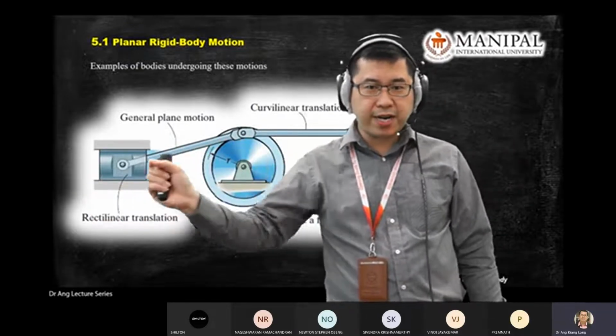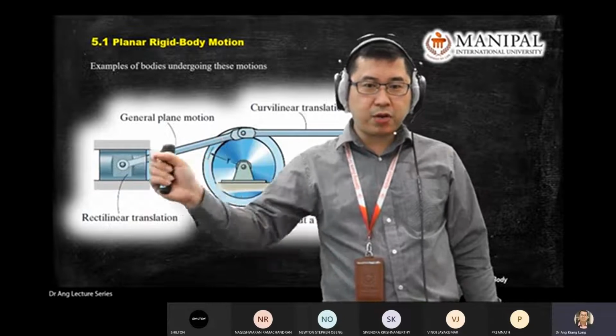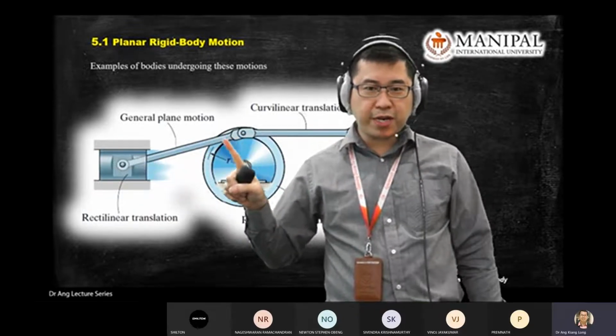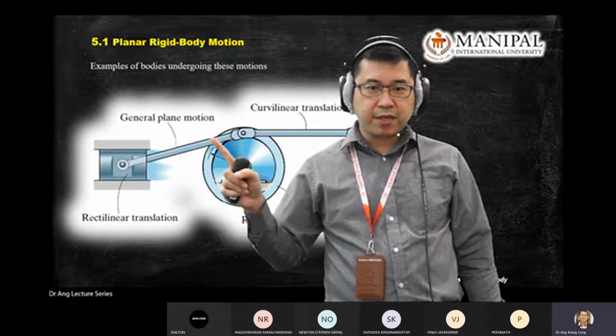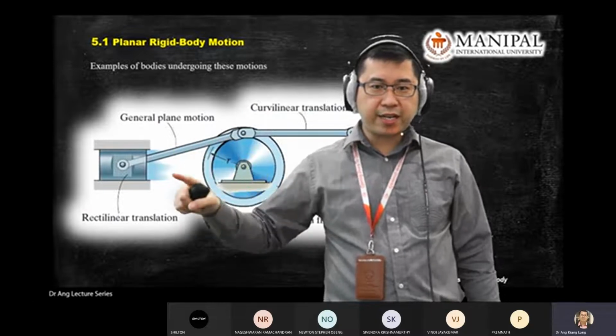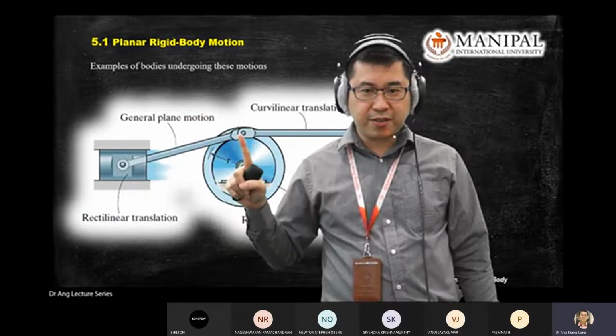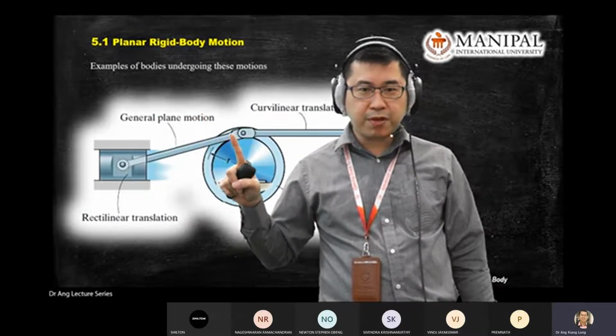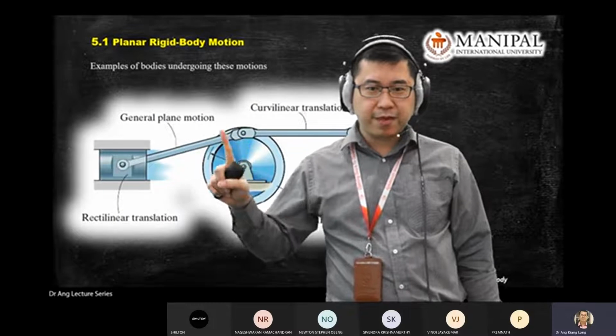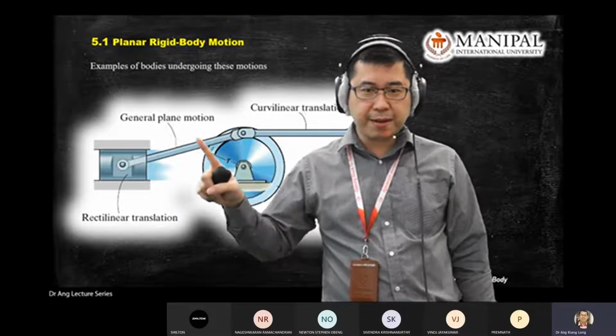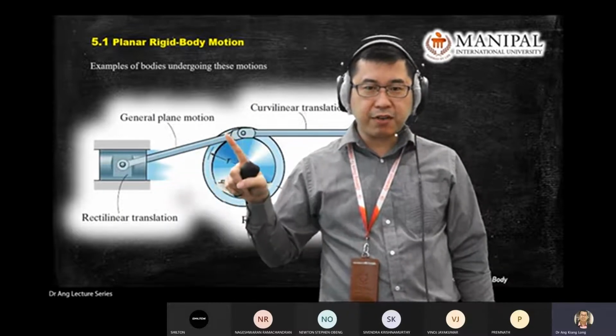When it goes front, at the same time, this point rotates to here. Imagine you focus on this point. When this point rotates this way, this arm of the object will move down.